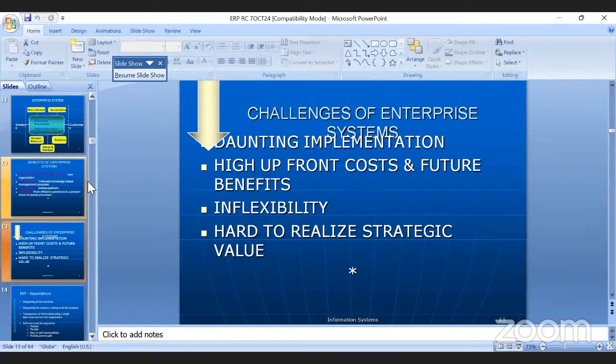Implementation is daunting. Say you are an IT company, you don't know how a bank works, and you have to understand the entire banking system to implement the software. ICICI Bank is using Finacle, the core banking software of Infosys.